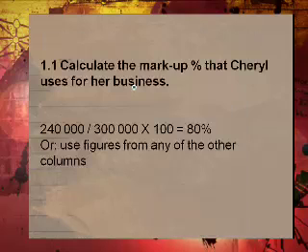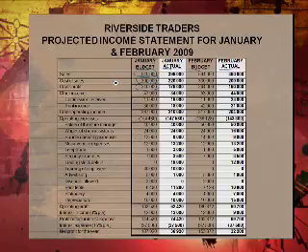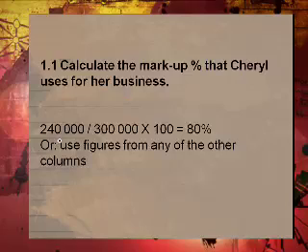So therefore, 240,000, which is my gross profit, over my cost. Again, let's look at the cost price. There's my cost price, 300,000. So 240 over 300,000 times 100%, because that's my markup that I'm using. And I get a markup of 80%.